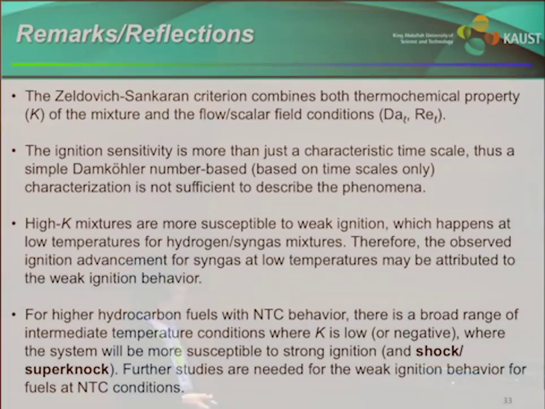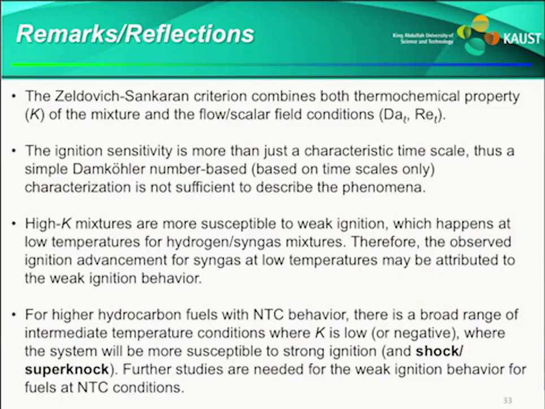So, final remark, just for 1 minute. What I wanted to indicate is that, unlike the conventional Damköhler-Reynolds regime diagram, which is a static condition, the spatial fluctuation level is not enough to characterize ignition behavior. The ignition sensitivity is another important factor, which introduces extra time scale issues.